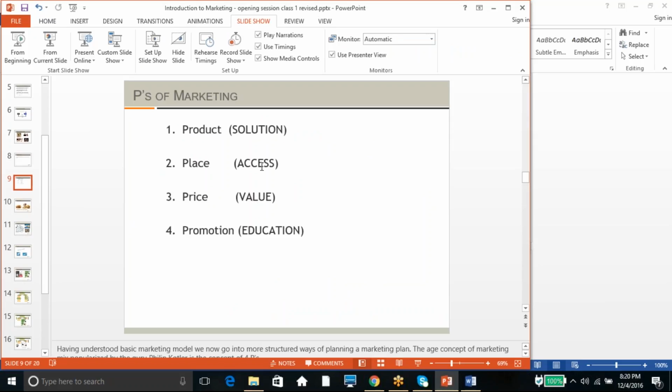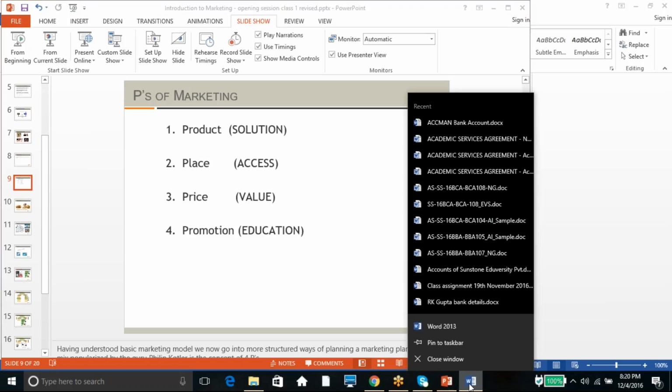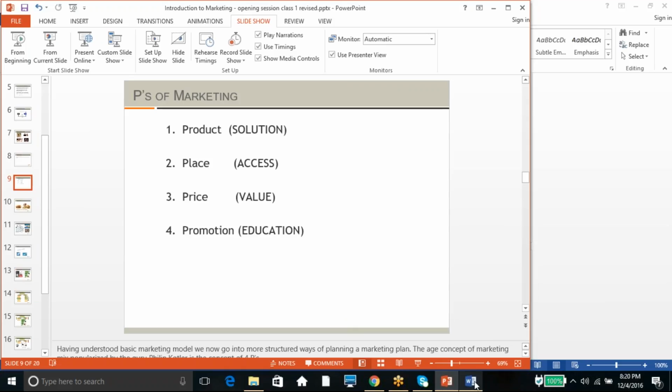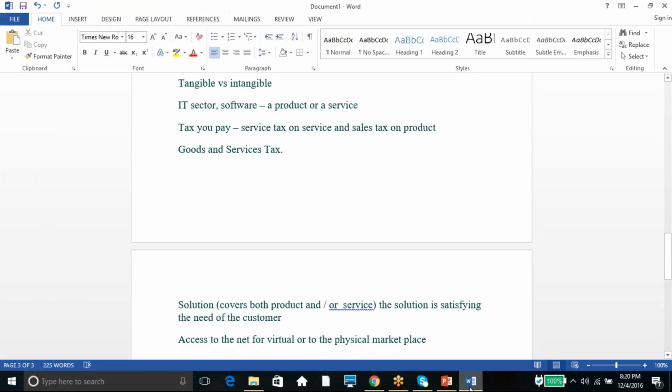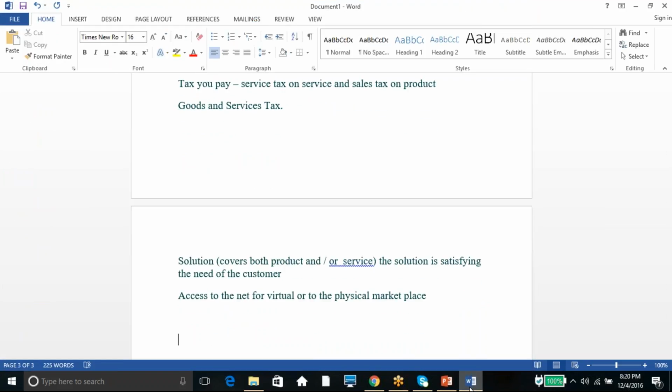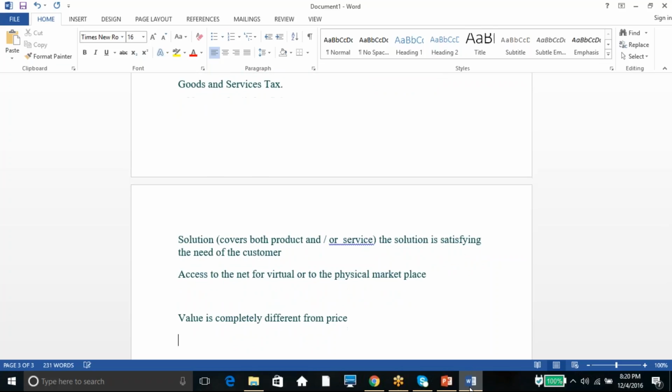The access is only a re-explanation of the place, but the value is completely different from price. It has nothing to do with price. Okay. Value is completely different from price.